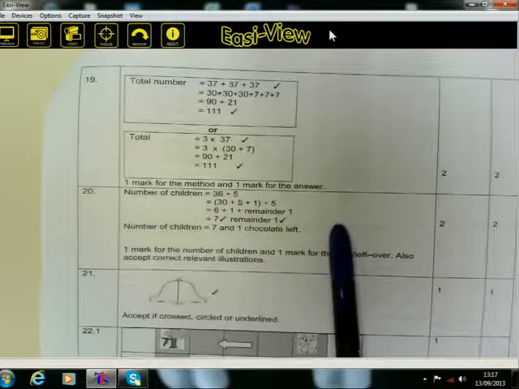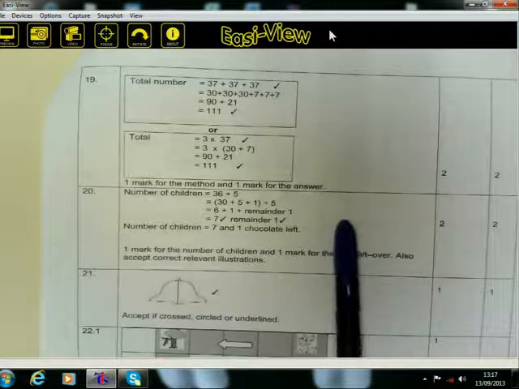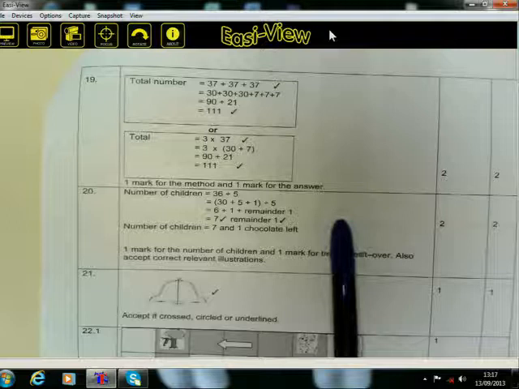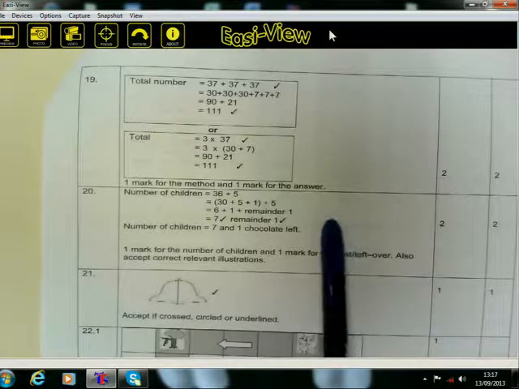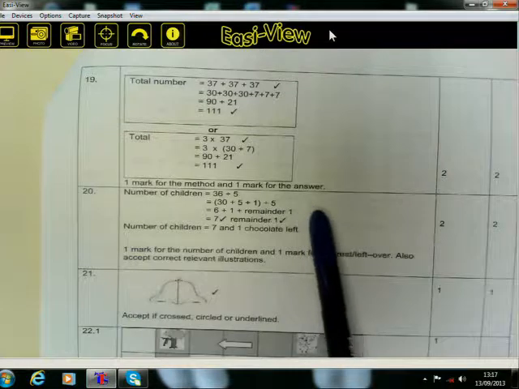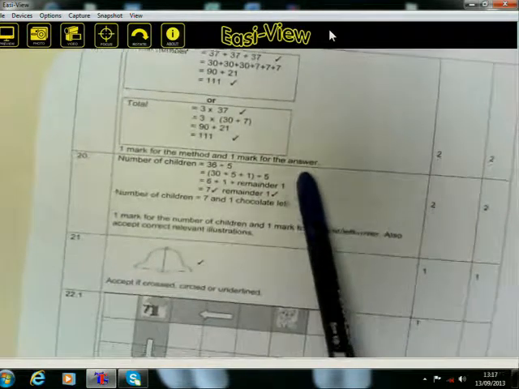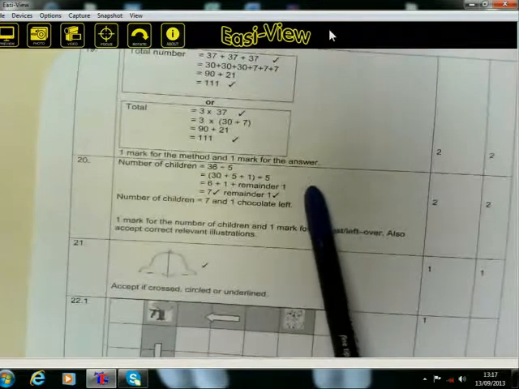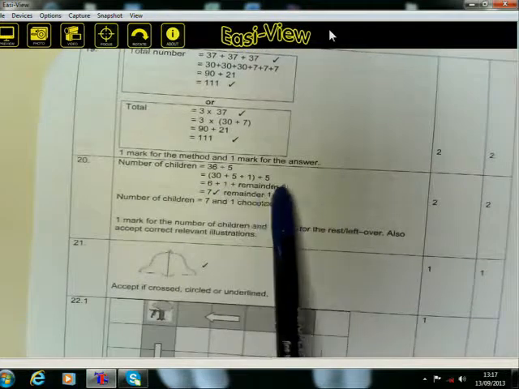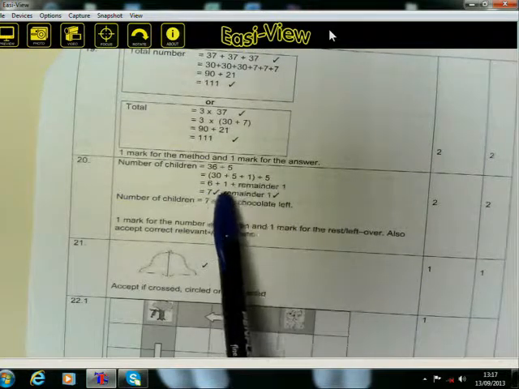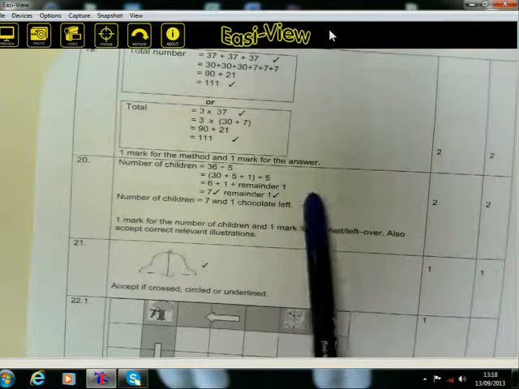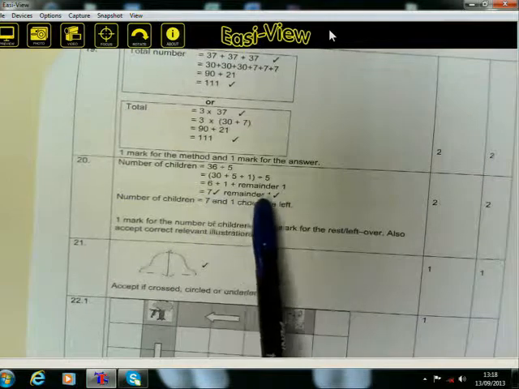Question 20. There are 36 chocolates in a box. Each child gets 5 chocolates. How many children got chocolates and how many chocolates were left over? Now for question 20, this is the way they can work it out. 36 divided by 5, and breaking it up like that, it's 6 plus 1 plus 1, remainder 1, 7, and remainder 1 is the answer.